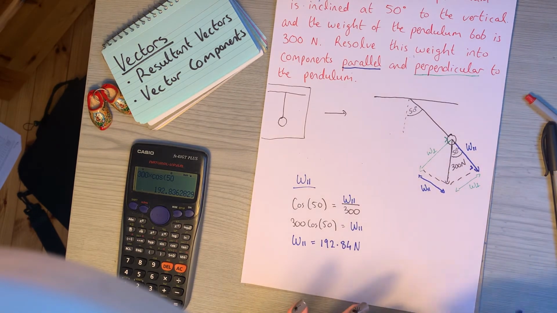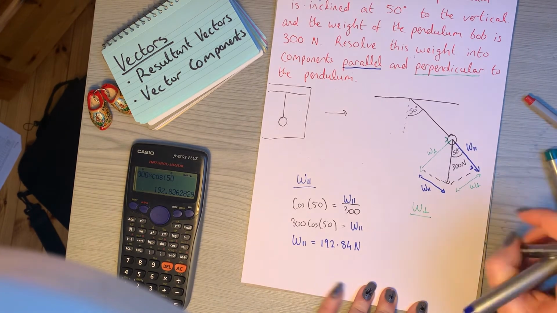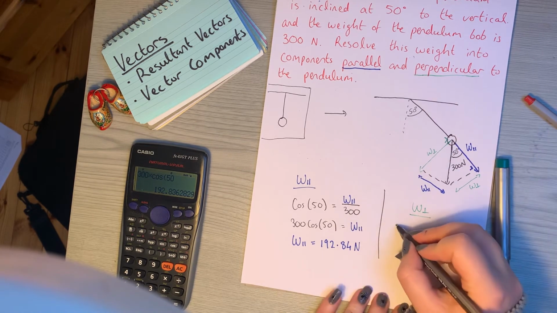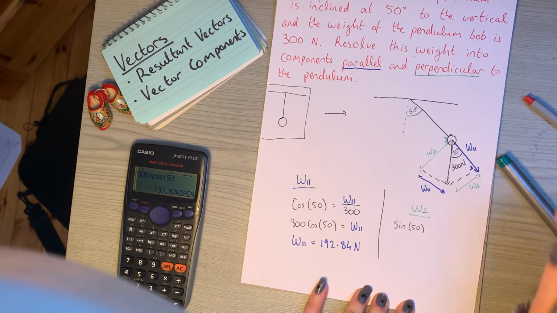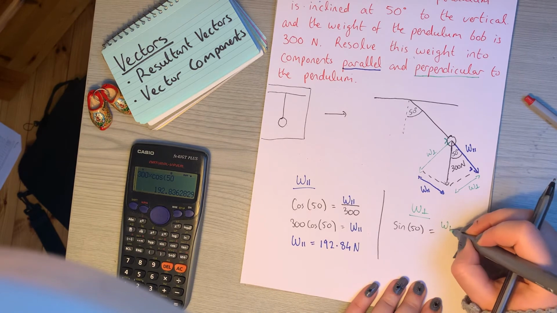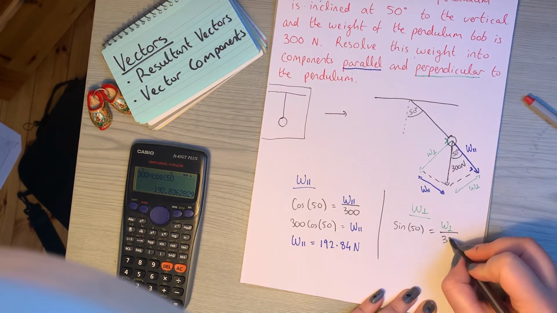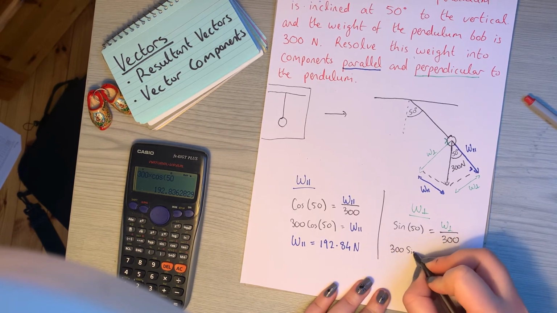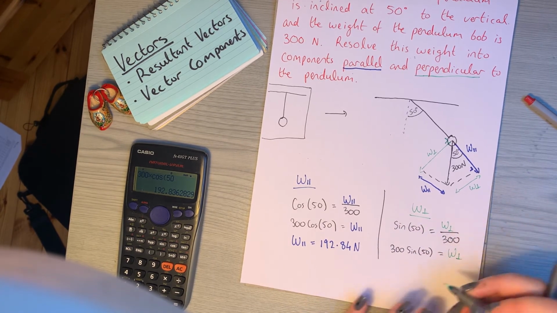And now for our perpendicular. So we know that sine of 50 is the opposite, which is our perpendicular component, divided by the hypotenuse, which is 300. So that means 300 times sine of 50 is equal to our perpendicular component.